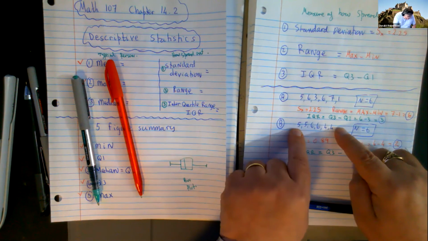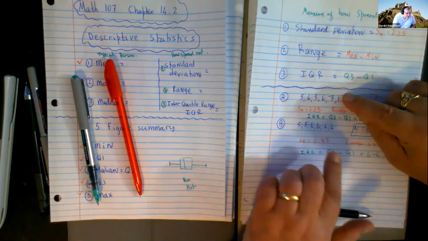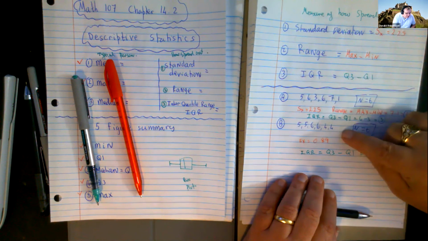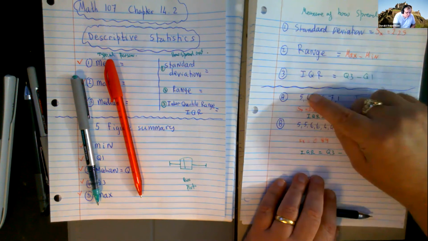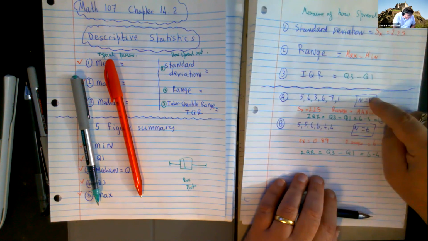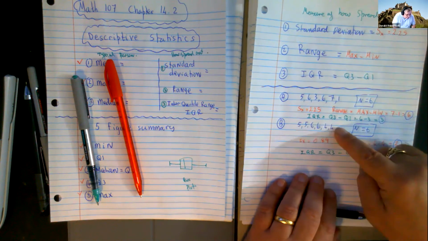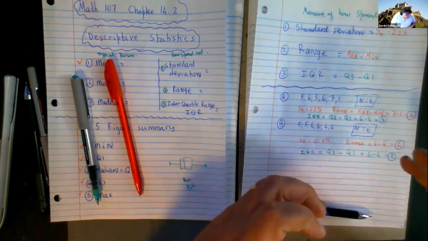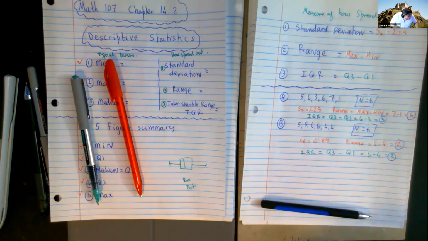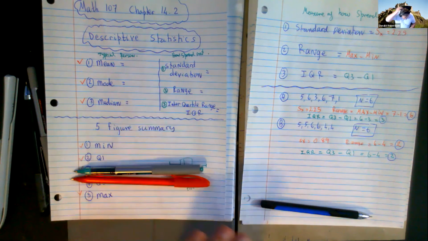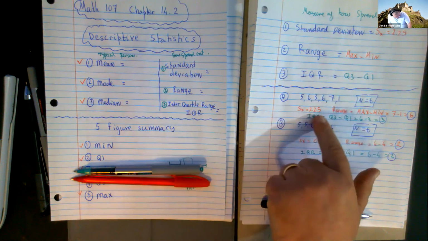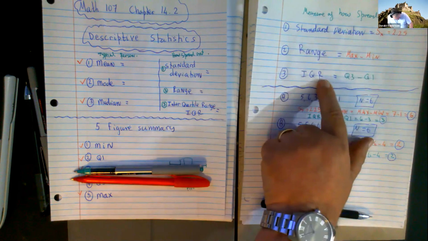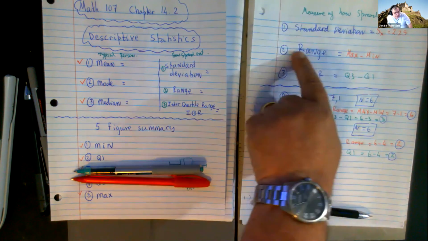I think just eyeballing it, would you agree that these are more spread out? Look at these numbers. They go all the way from 1 to 7. They're a lot more spread out. Aren't these numbers all kind of compact, 4s, 5s, and 6s, crunched together? So when we find a measure of how spread out they are, that's what these guys' jobs are. Out of the 3 of them, the range is the worst.